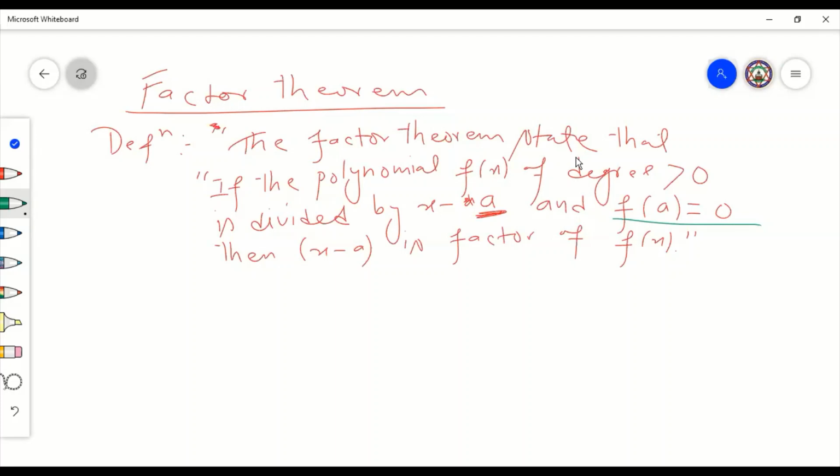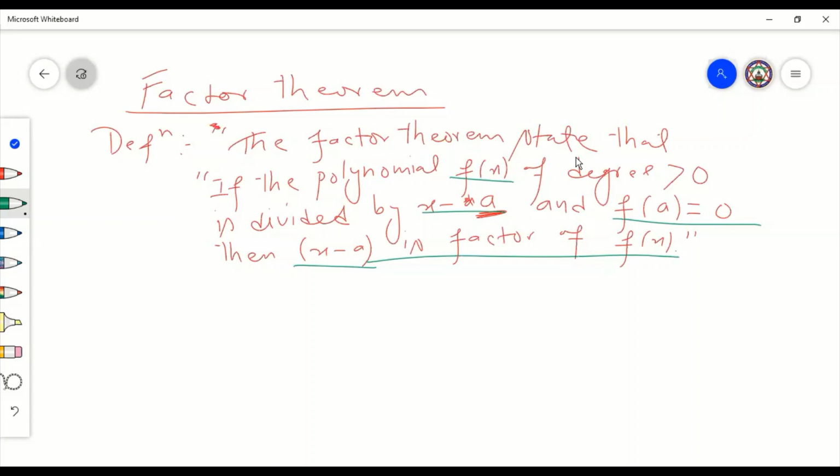Whenever this f(x) is divided by x minus a, obviously we know its remainder is given by f(a). So if f(a) is 0, then we can say that x minus a is a factor of f(x).